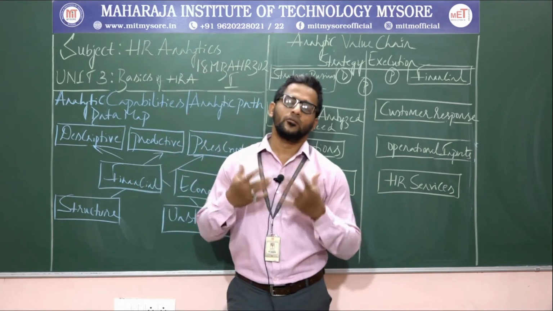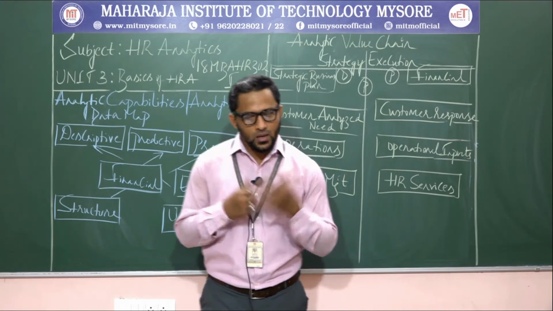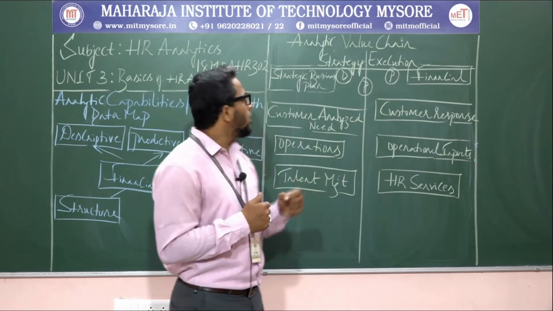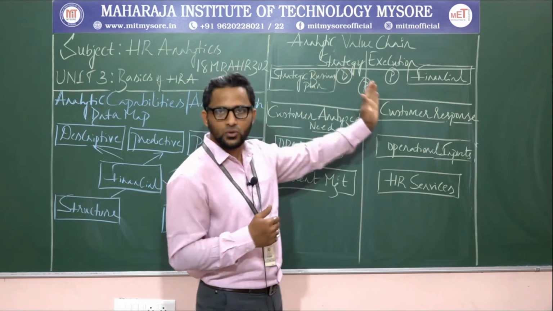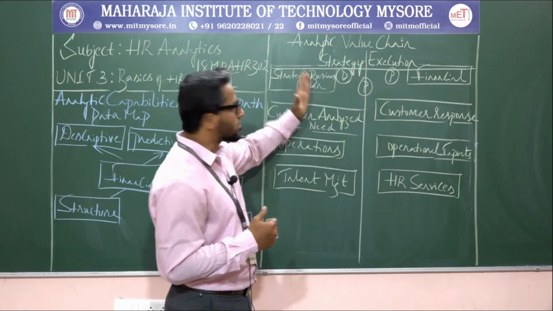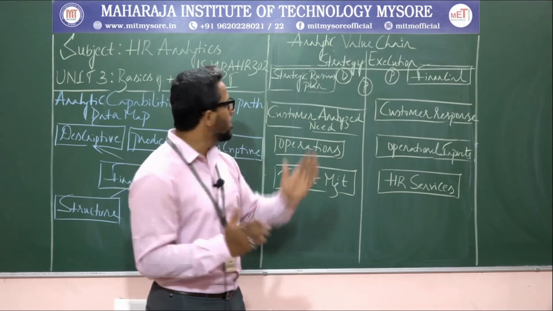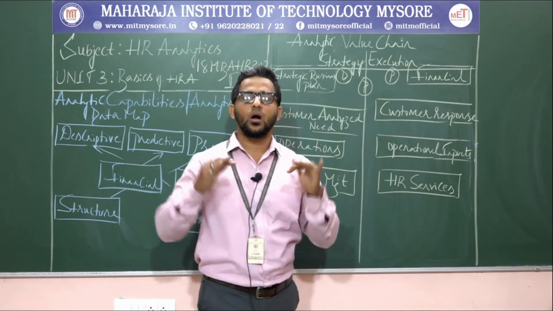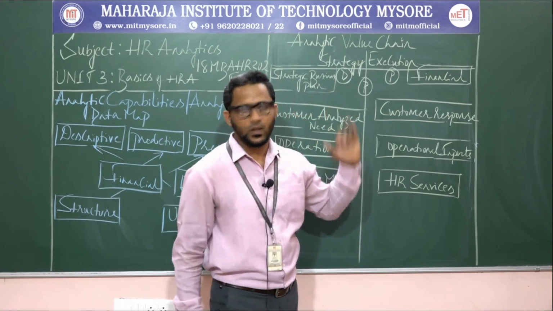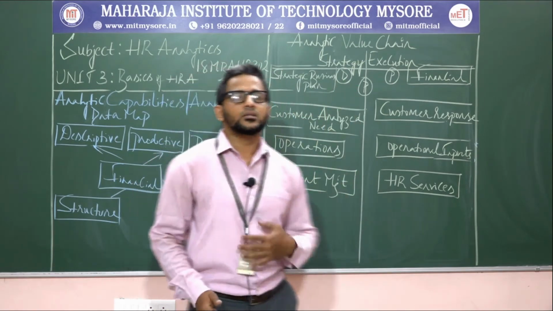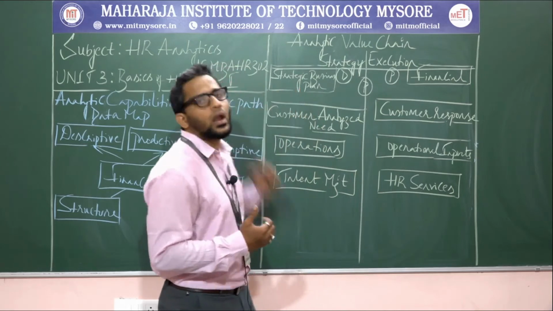So strategy is on one side and execution on the other end; strategy speaks about descriptive, execution speaks about prescriptive, and in the center you have predictive. Now taking the very first one, the strategic business plan.